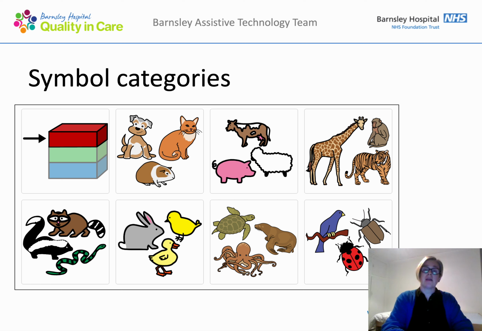It might be in pets, it could be a farm animal, it could be a baby animal, or it could be a bird. Again, we often assume that symbol categorization is quite intuitive, but once you remove the written word and really start to think about it, it's not that intuitive and it's a skill that needs to be taught.